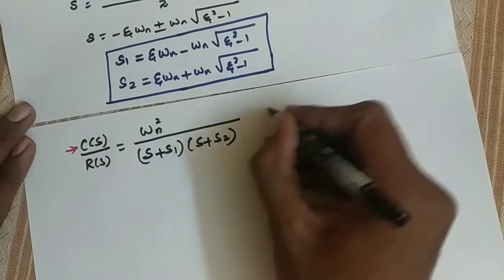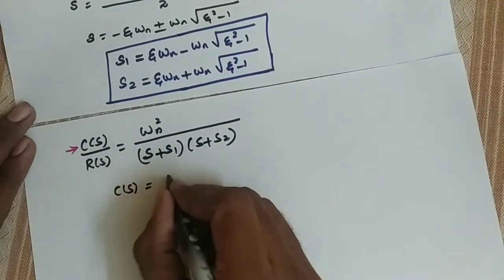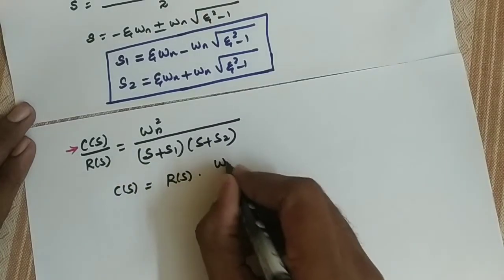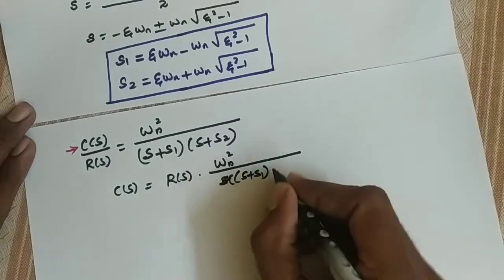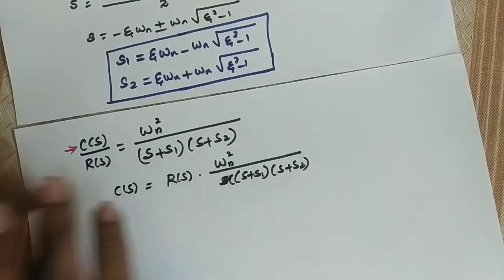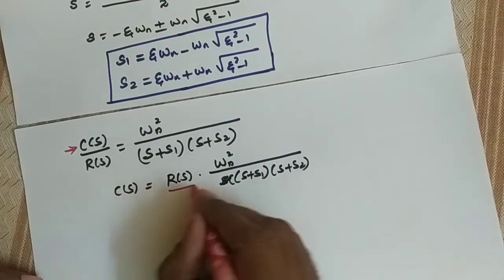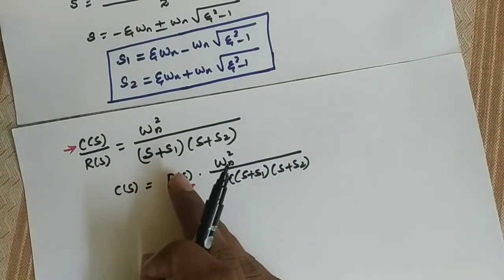C of s is equal to R of s into omega n square, the whole divided by s plus s1 into s plus s2. We know that this is the step response derivation.